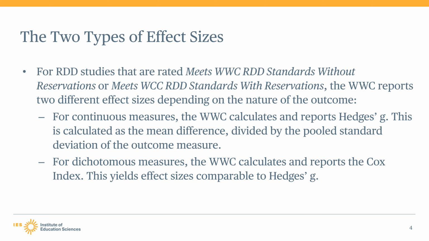For outcomes that are measured on a continuous scale, the WWC calculates and reports the Hedges G effect size, which is calculated as the mean difference for intervention and comparison groups divided by the pooled standard deviation. And for outcomes that were measured on a binary scale, the WWC calculates and reports the Cox index, which yields an effect size comparable to Hedges G. We will now review each of these effect size types in more detail.